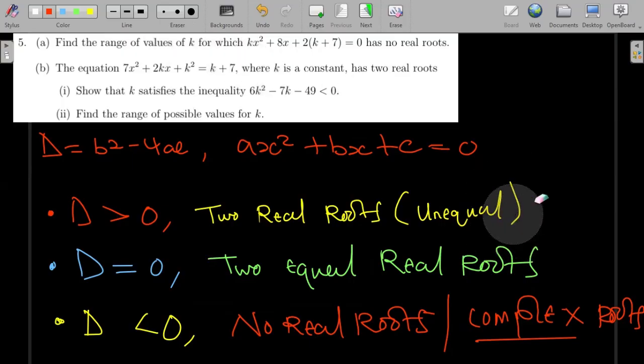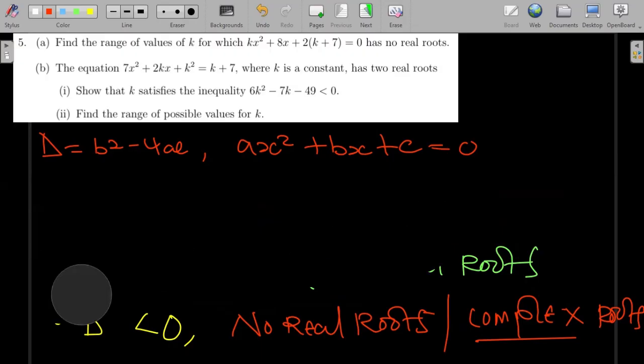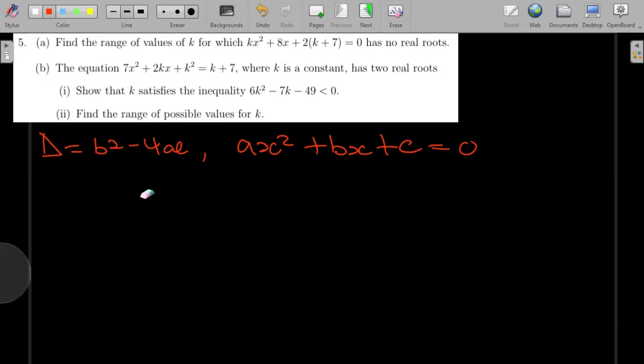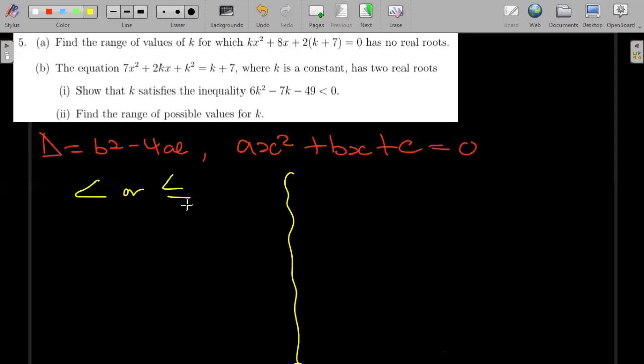Another thing that is important is the issue of inequalities. The inequalities are these: less than, less than or equal to, greater than, or greater than or equal to.